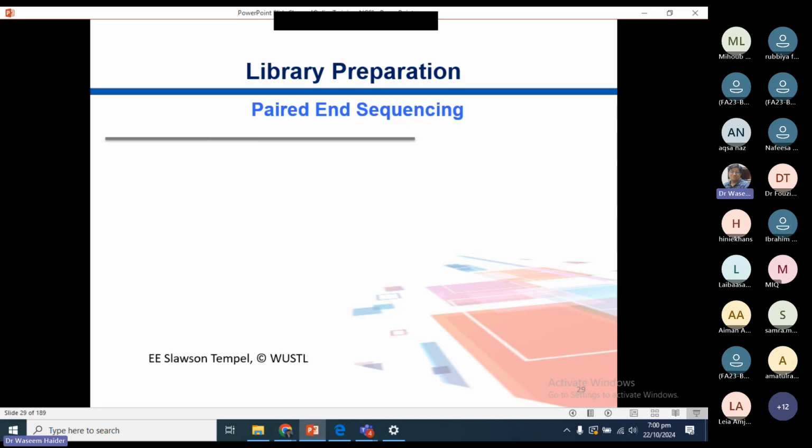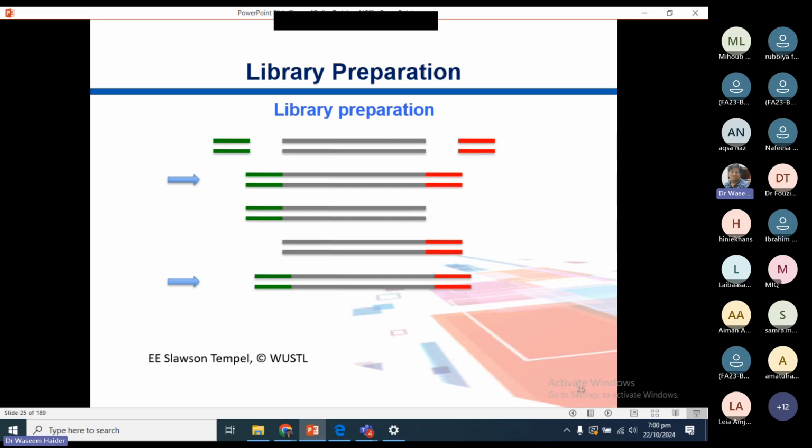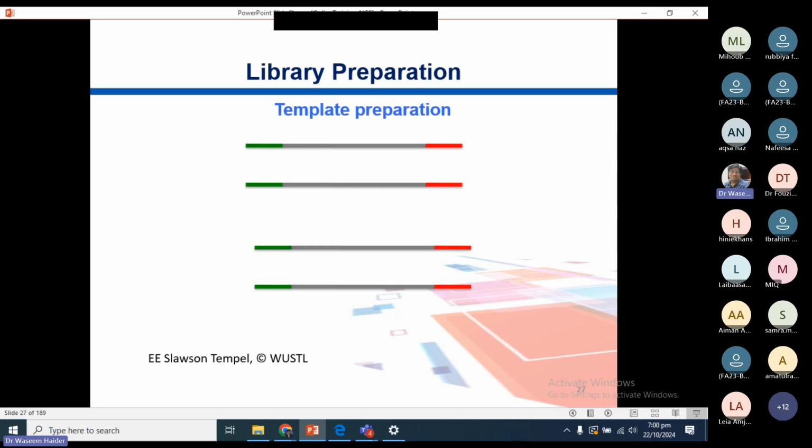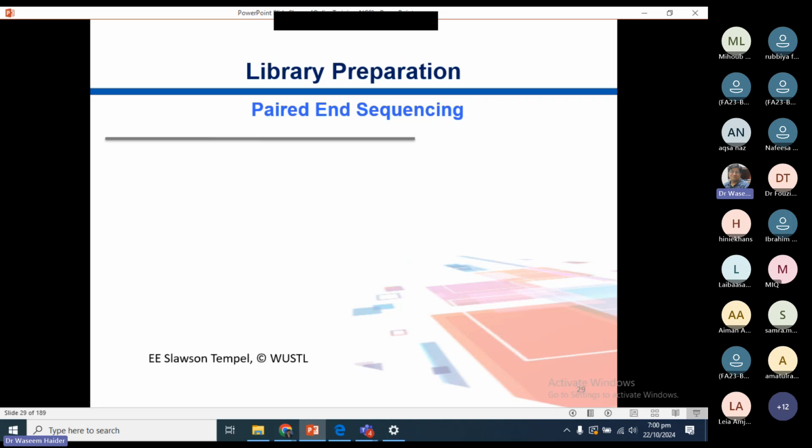That is where we were cutting each and every fragment. That is called single end libraries, where we take each and every fragment. In paired end sequencing, the libraries are called paired end libraries. By the way, this word library came from Sanger sequencing.